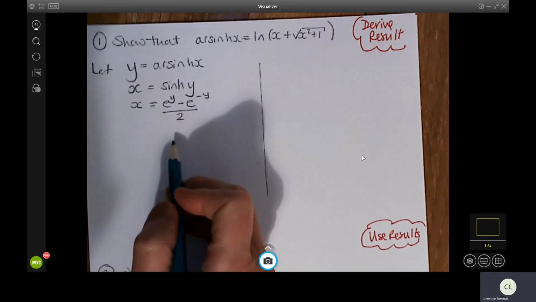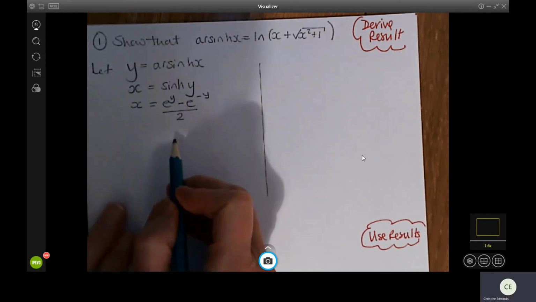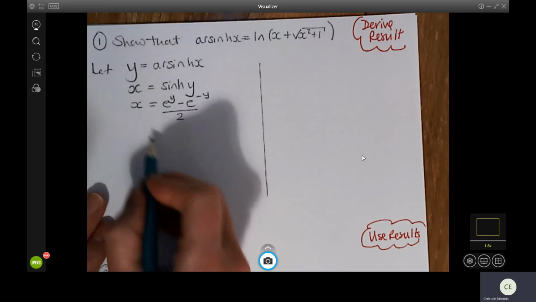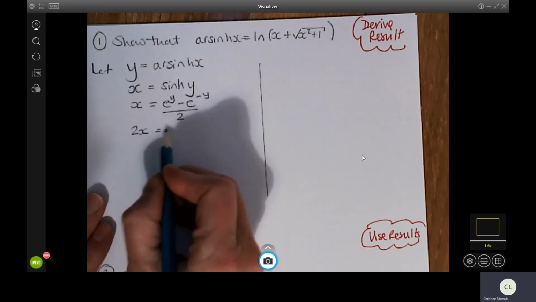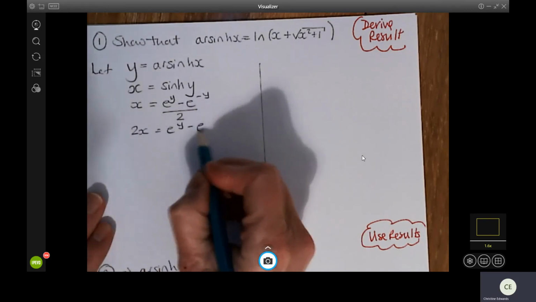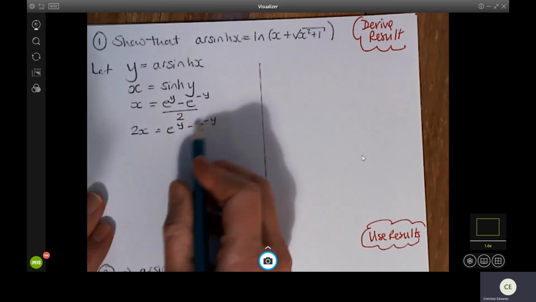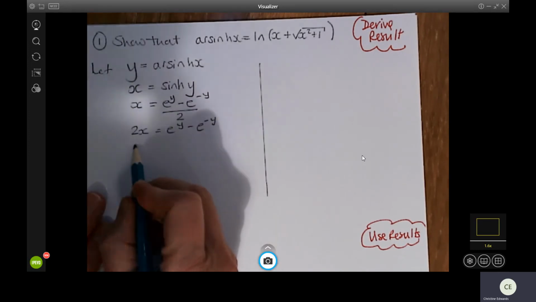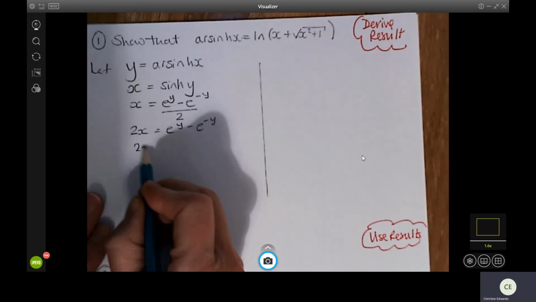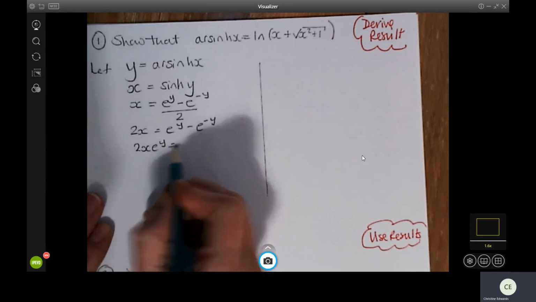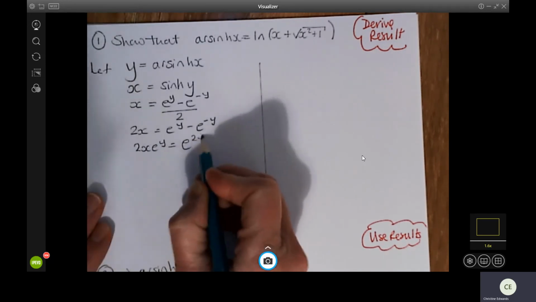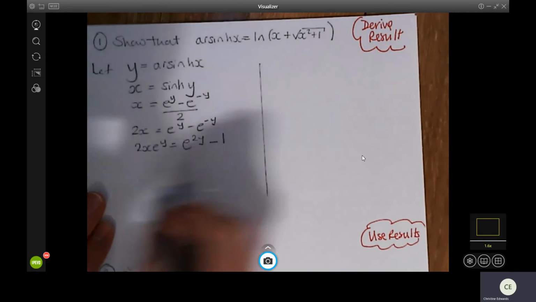We're now going to multiply that through and simplify it into a quadratic. So we have 2x equals e to the y minus e to the minus y. Multiplying through by e to the y so that we deal with the e to the minus y, we obtain 2x e to the y equals e to the 2y minus 1.